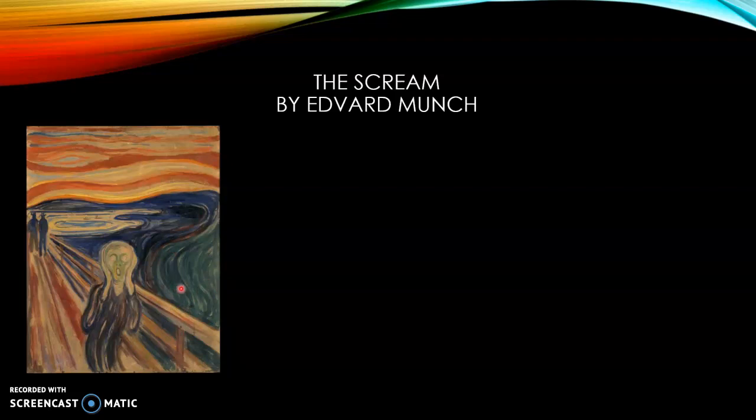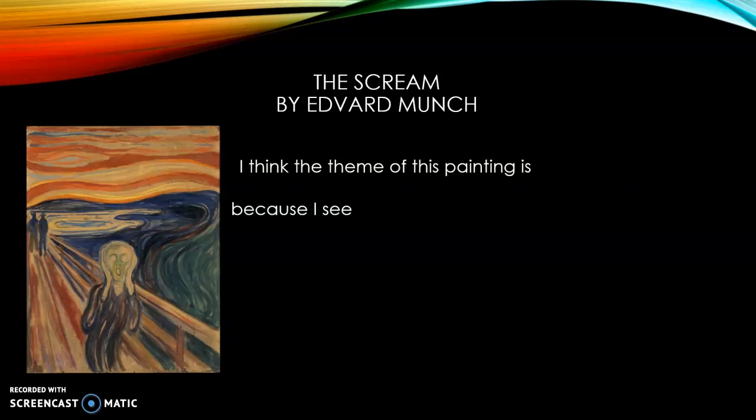Themes are usually 1 to 2 words, such as pain, suffering. If it was a different painting, love, happiness. I'm going to give you a sentence frame. Our sentence frame is, I think the theme of this painting is blank because I see blank.